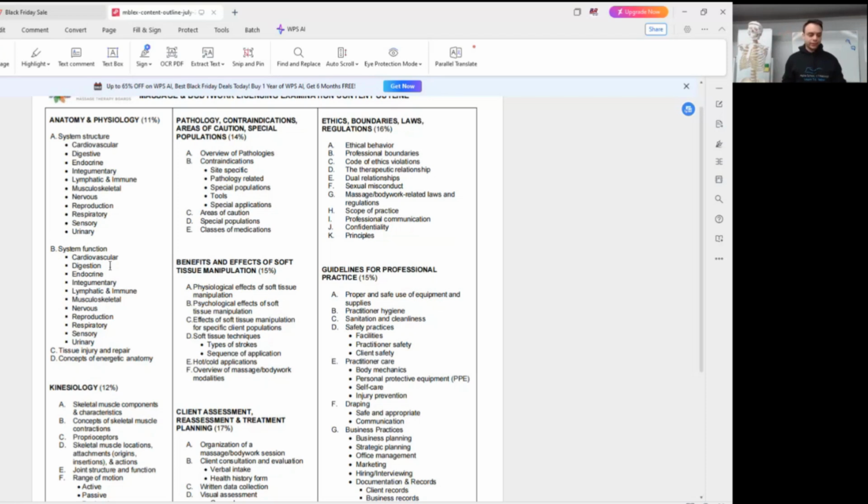And it's not just the pathological conditions, but also being able to rule out the contraindications, make sure that we're able to adequately discern if massage is appropriate and safe for a client, right? And then make sure that we're cautious and know where and what we can do in certain areas of the body.